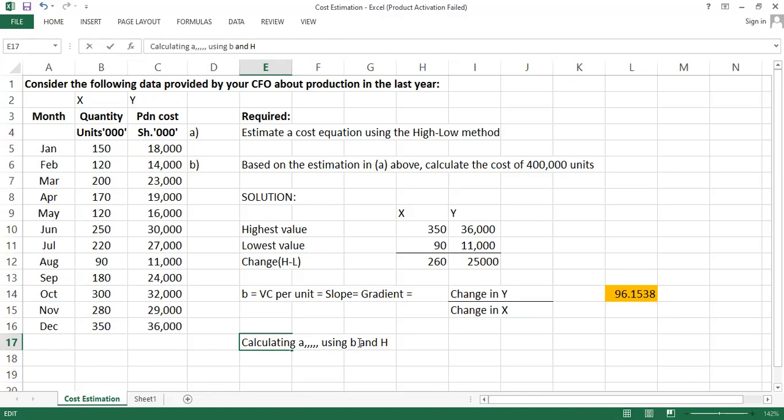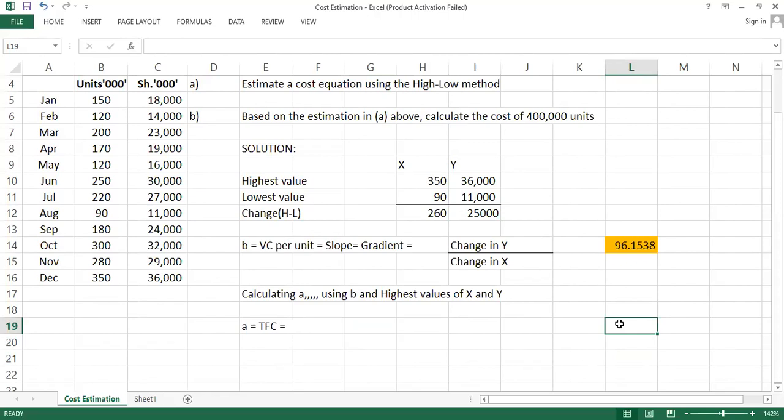B and either the highest or the lowest values of X and Y. So alternatively, you can use the lowest values of X and Y. So in this case, I'll say that A, which is the total fixed cost, this equals how much?